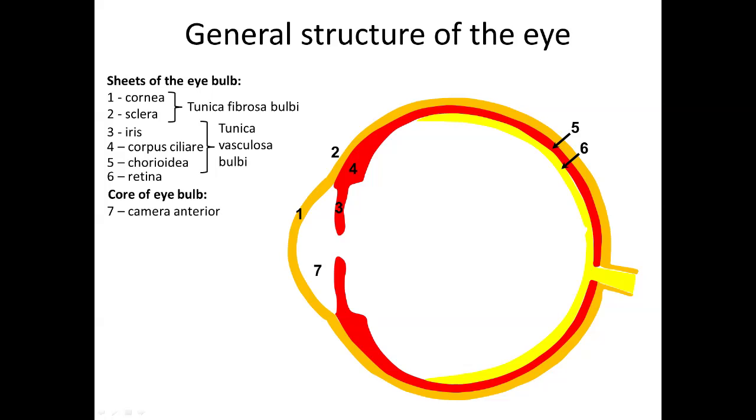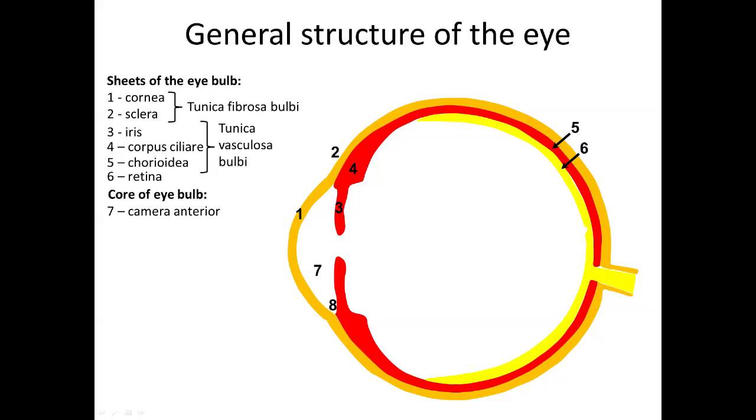Number 7 is the space called the anterior chamber, camera anterior. This chamber is filled with a transparent fluid called humor aquosus.